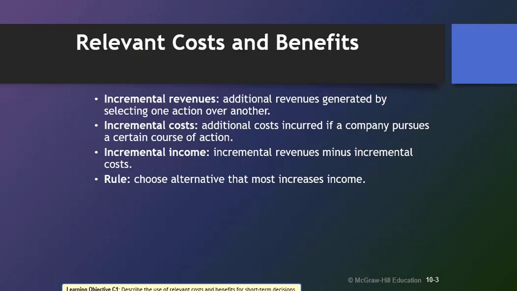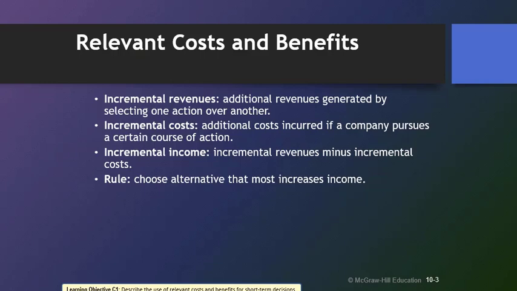Relevant costs and benefits are future-oriented, tied to cash flows, and focus on incremental effects across alternative decisions. So those incremental or differential effects are important to identify so that we can make good, well-informed decisions, okay?